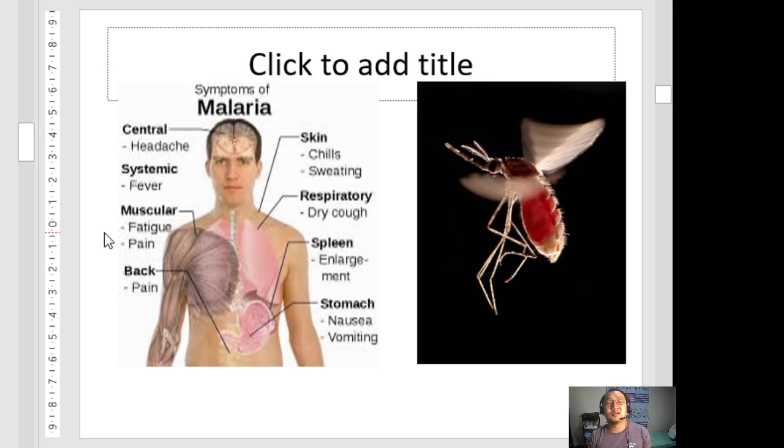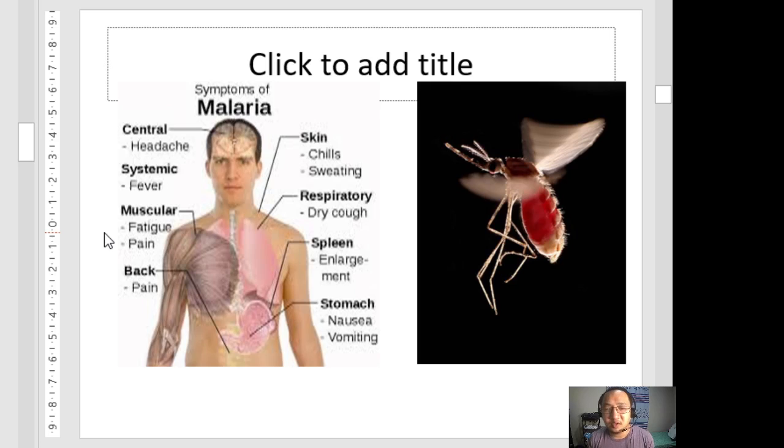Manifestations are chills, sweating, dry cough, enlargement of the spleen in relation to blood. That's why it's enlarged, and in your anatomy, the function of the spleen is emphasized there.